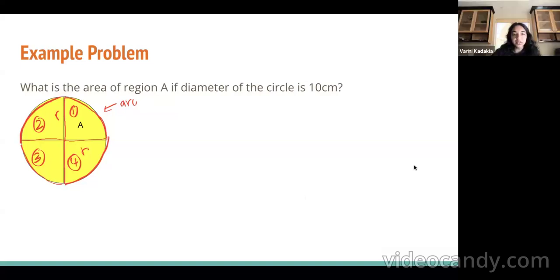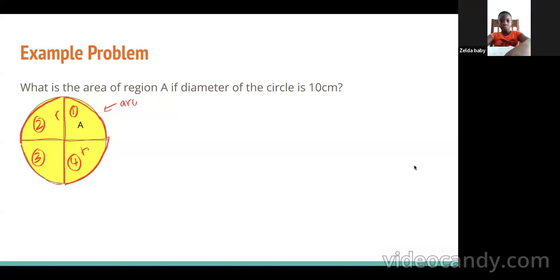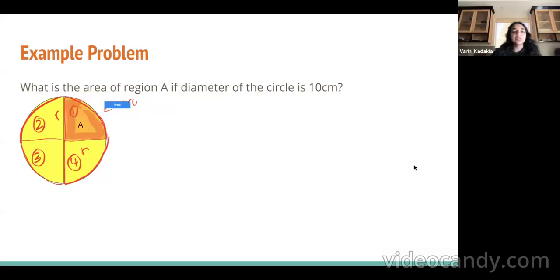Okay, so we just said that the sector, if we look at sector A, we look over here, this is a sector because it's bounded by 2 radii. So that means a radius on both sides and an arc. So that's what makes up a sector.